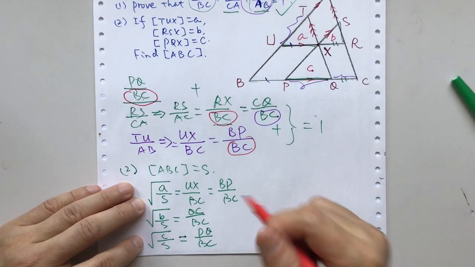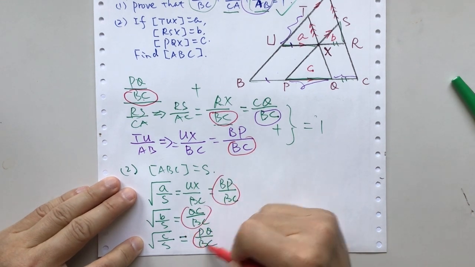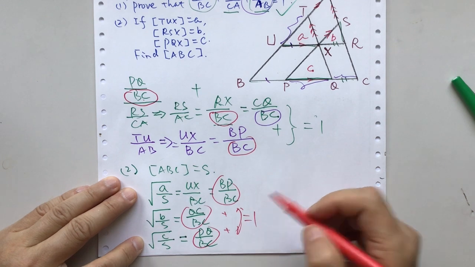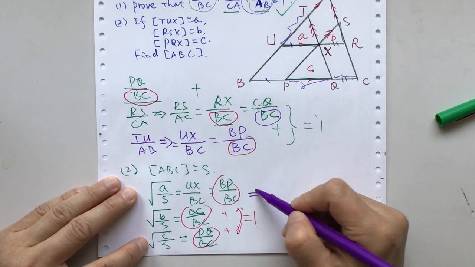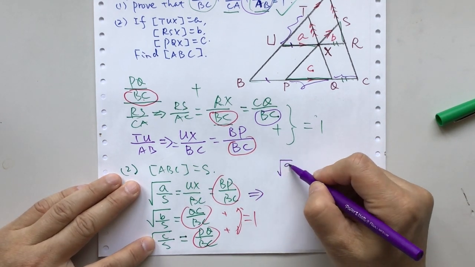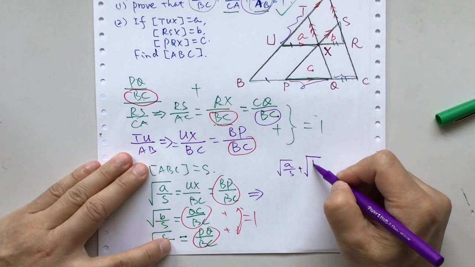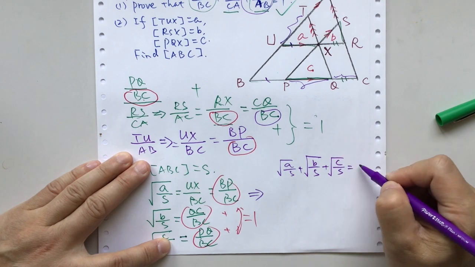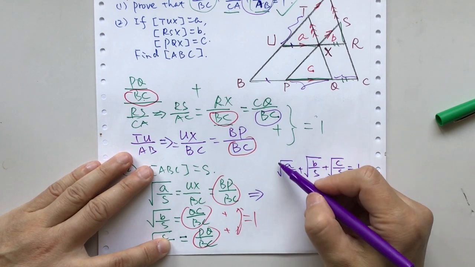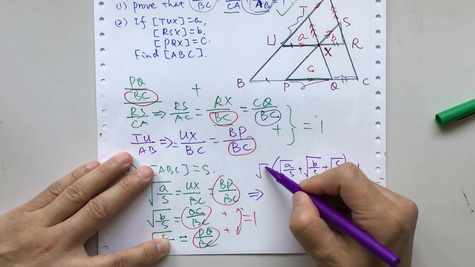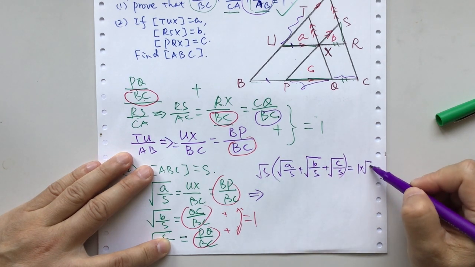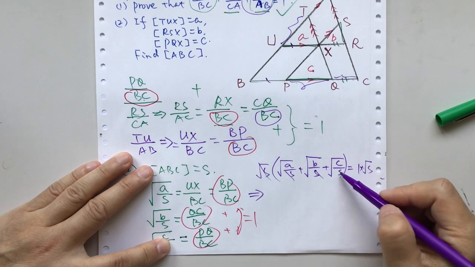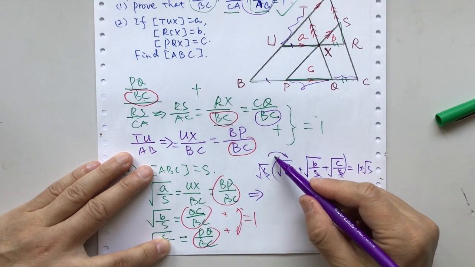We know the sum of these, put together, equals 1. So it means the square root of A over S plus the square root of B over S plus the square root of C over S equals 1. Then we can multiply each side by the square root of S to make it more beautiful.